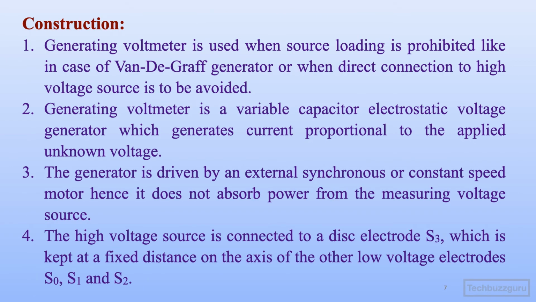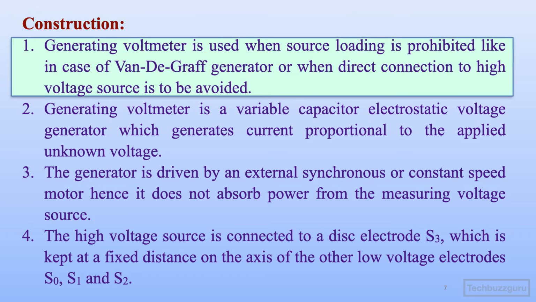Let us describe the constructional details of this circuit. First and foremost, the generating voltmeter is used when source loading is prohibited, like in the case of the Van de Graaff generator, or when direct connection to a high voltage source is to be avoided.